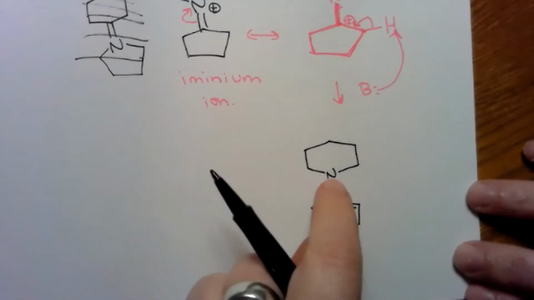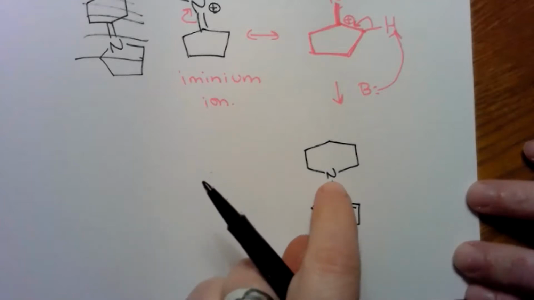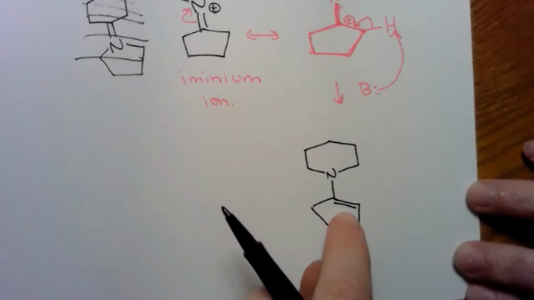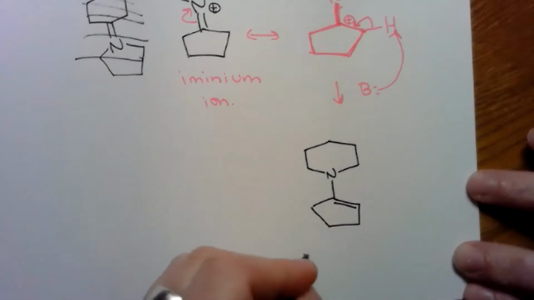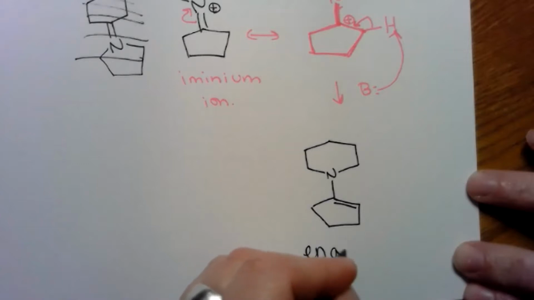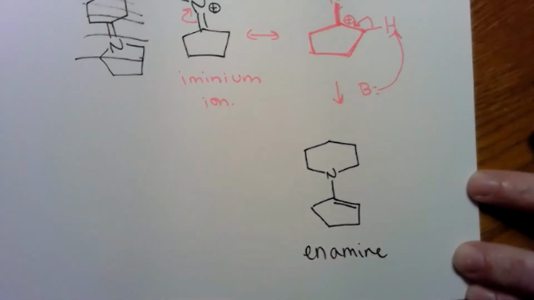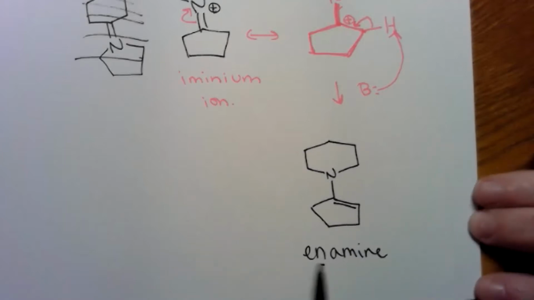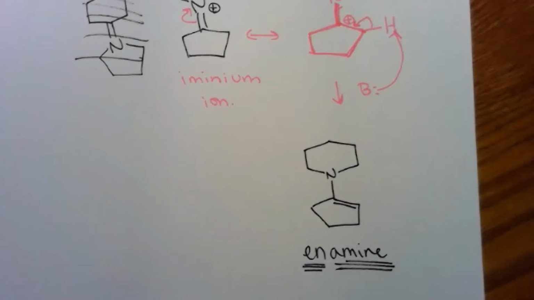This compound has an amine, A-M-I-N-E, and an alkene. So this one, it's not your friend, it's your enamine. I hope you like that one. This is an enamine because it has an alkene and an amine in the same molecule.